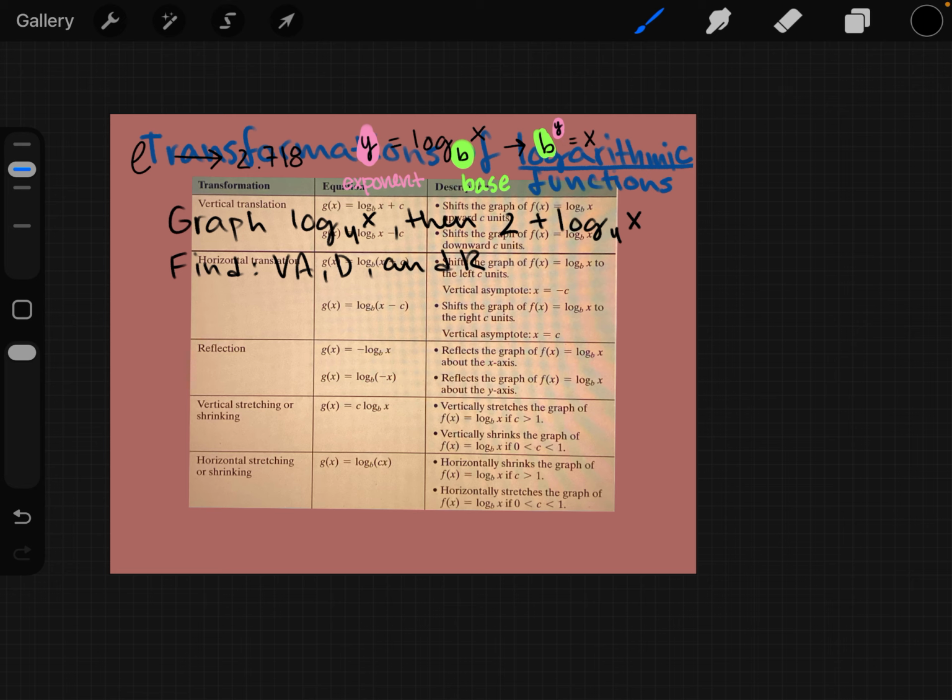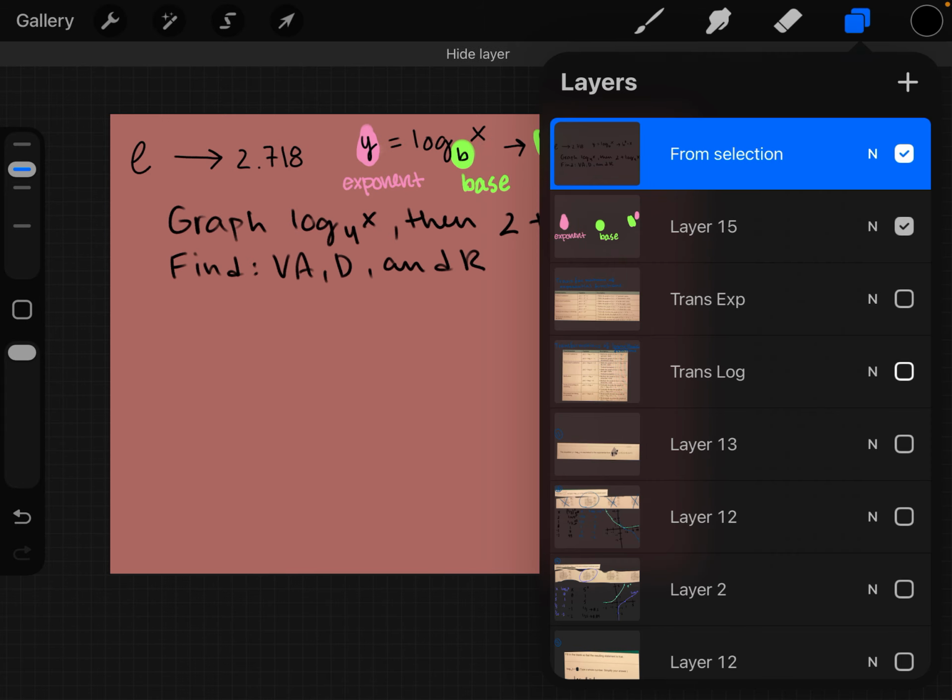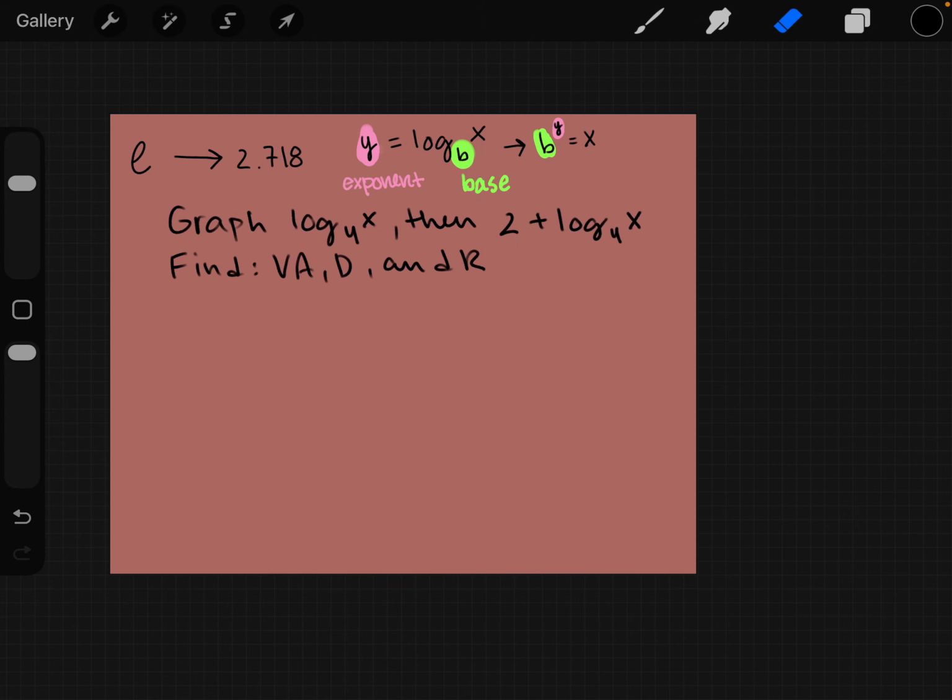I don't know why they wrote it like that. It would make more sense if it was written like this. But whatever. I don't write the math textbooks.